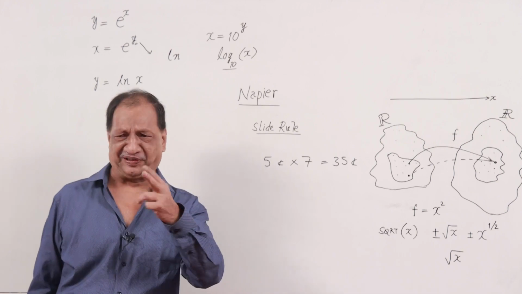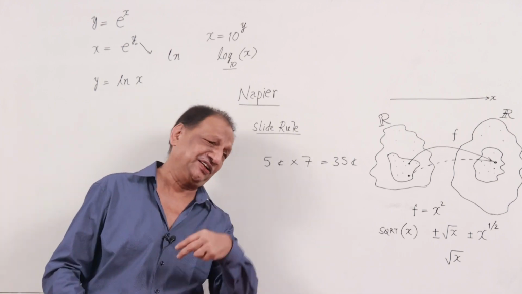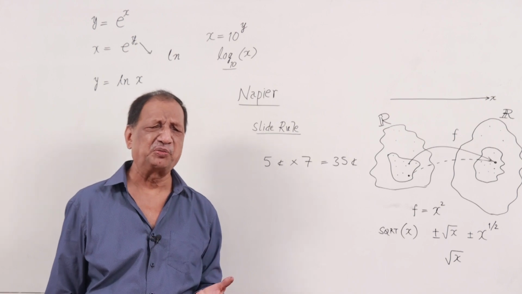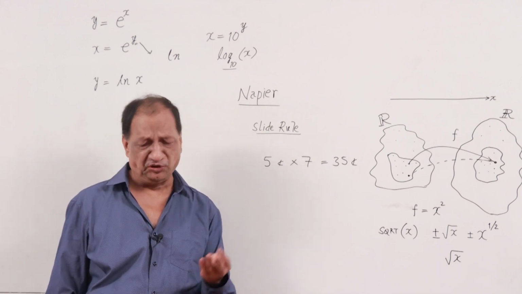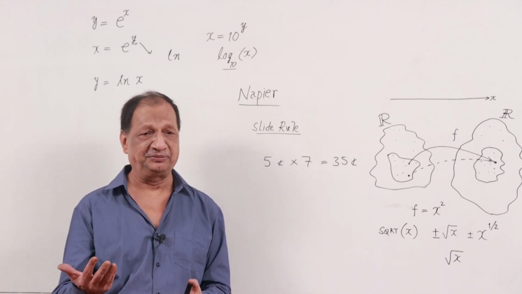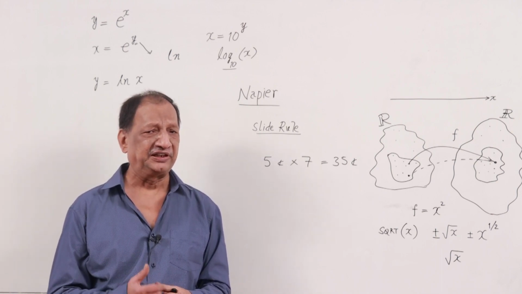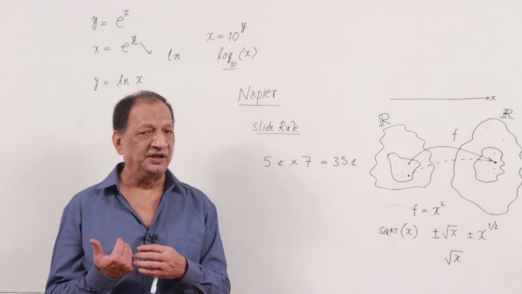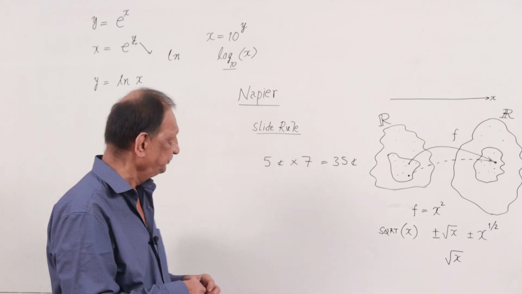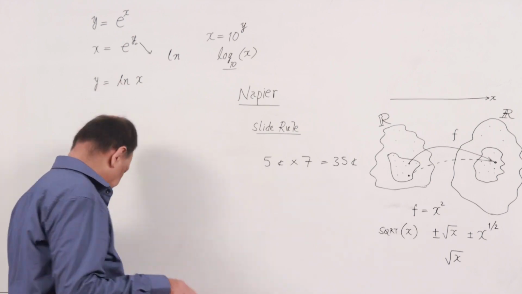Or d by dx of sin x is cos x, and of cos x is minus sin x. Otherwise, I know you can find information at your fingertips on your mobile, but our thinking gets obstructed if you don't instantaneously recall those values. So memory is very good.